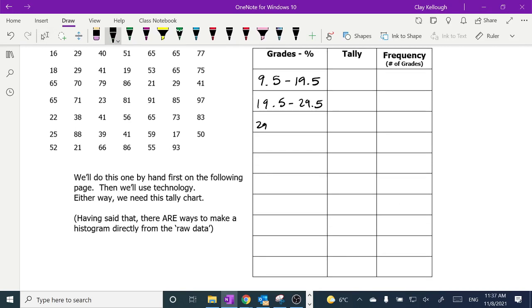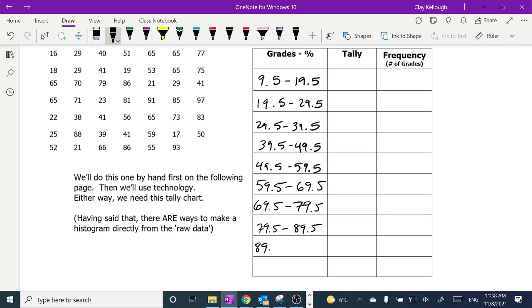So 29.5 to 39.5, 39.5 to 49.5, 49.5 to 59.5, 59.5 to 69.5, 69.5 to 79.5, 79.5 to 89.5, and 89.5 to 99.5. And then I guess if there was anybody who got 100 in this class, they'd have their own bar on the bar graph.